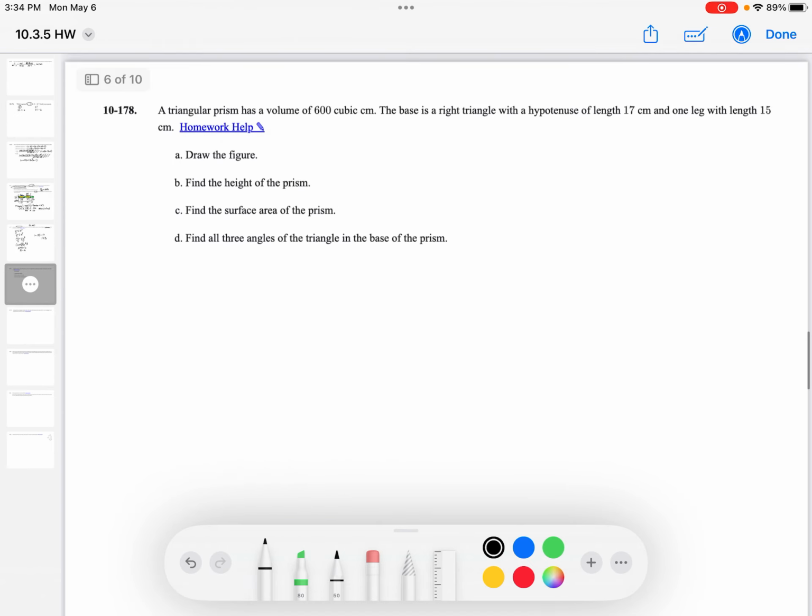All right, problem 178. A triangular prism has a volume of 600 cubic centimeters. The base is a right triangle with a hypotenuse of length 17 centimeters. Okay, so we're going to test my drawing skills here. We have a base.